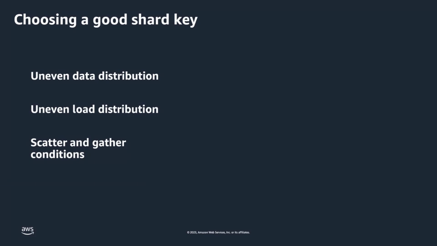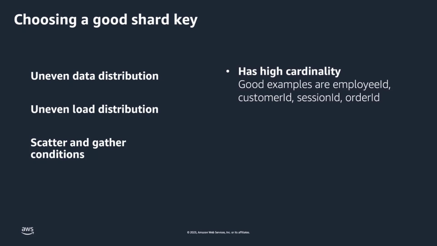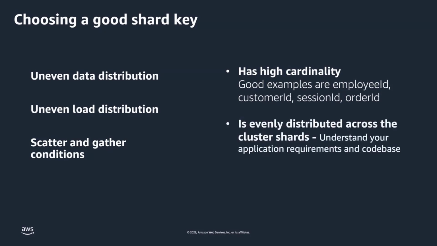So, going back to the question, what makes a good shard key? A good shard key should have high cardinality, meaning a field with a large number of unique values. Secondly, a good shard key should evenly distribute your data and load across your shards. And that is determined by your workload patterns and application requirements.